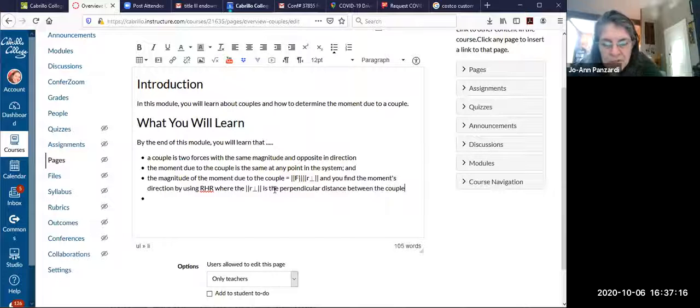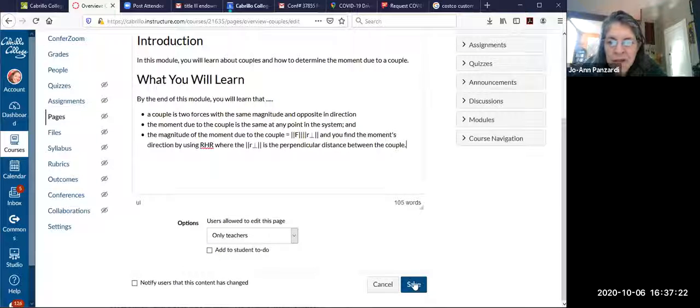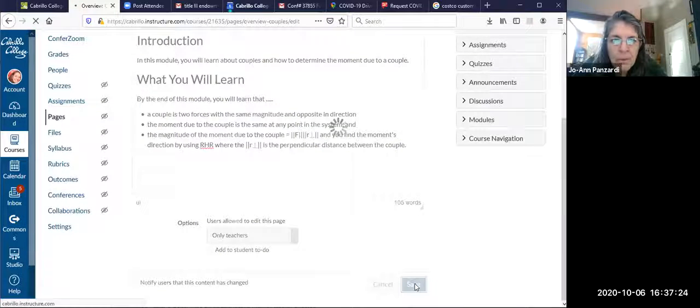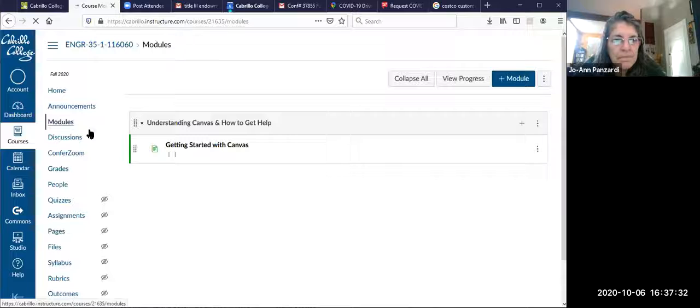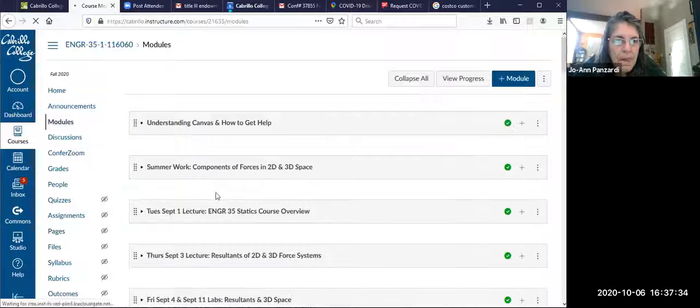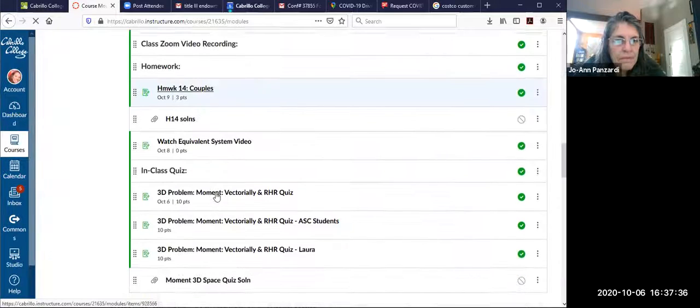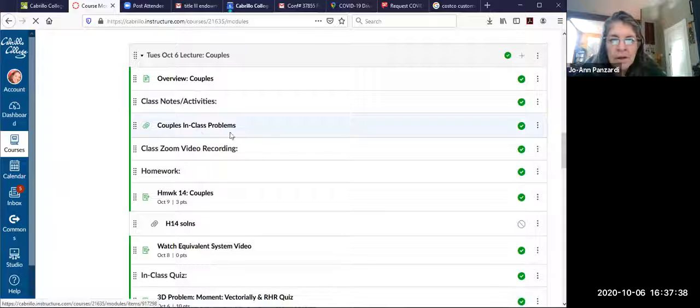I'm telling you what to do already, because some people have told me they would rather have a broad-scale overview at the beginning, so that's what I'm doing. But I want you to understand why this is the case by doing a problem. So now I'm going back to the module. Here we're going to do 3 different problems, a 2D problem and 2 3D problems, but we're going to start with an example.